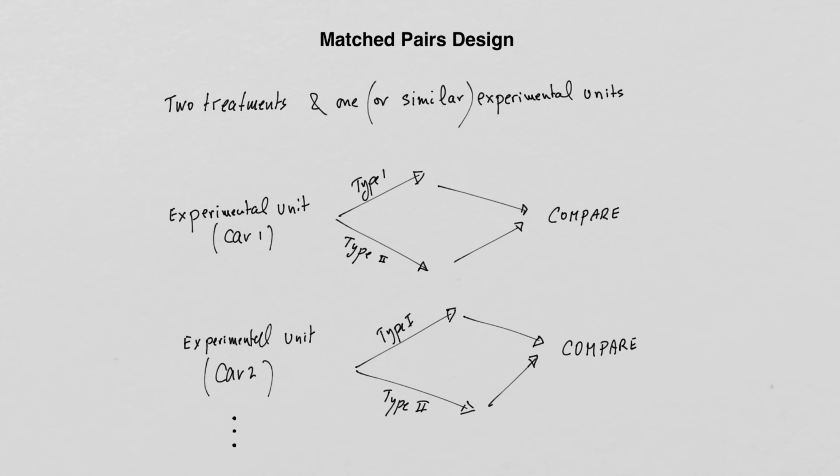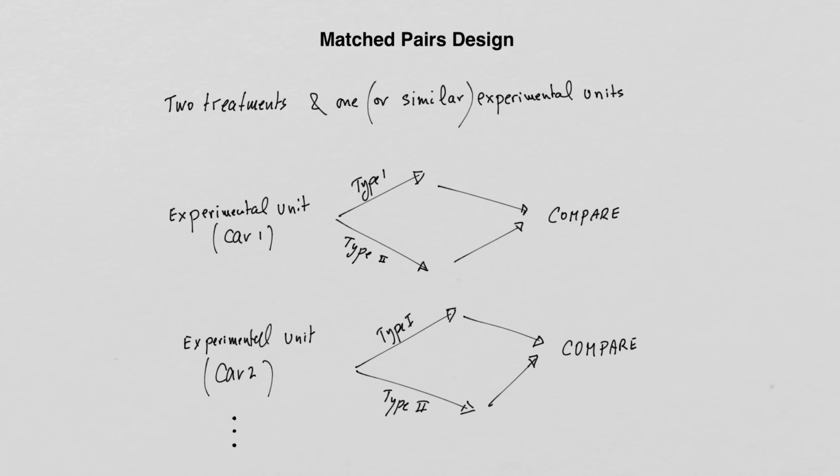Is it this grade or that grade? Or is it this type of gasoline or that type of gasoline? So my experimental unit in this case will be just one car, let's say. Okay? That experimental unit, there is one of them, will receive both treatments. These are the treatments. Type 1 of gasoline and type 2 of gasoline.